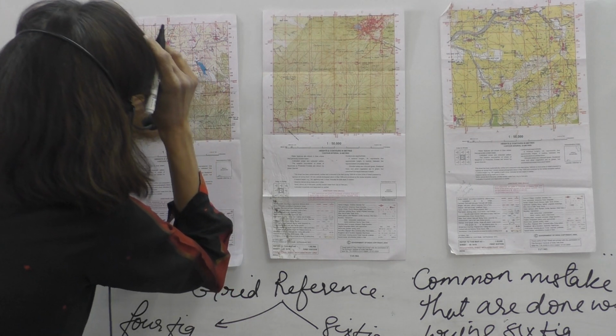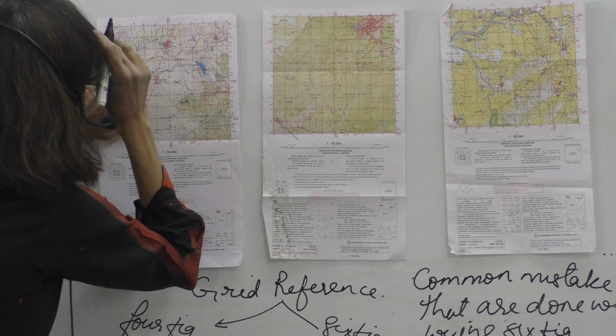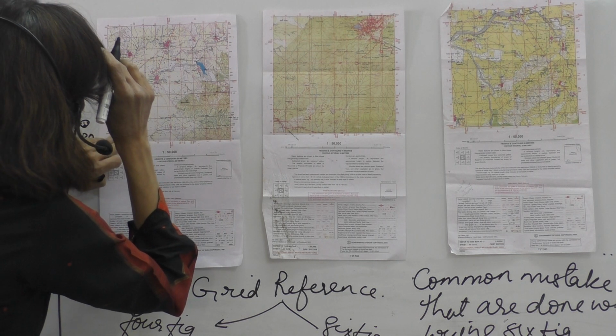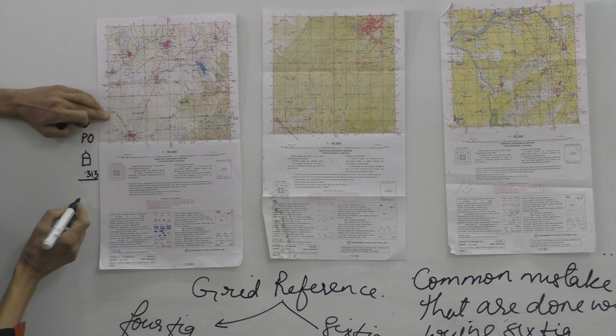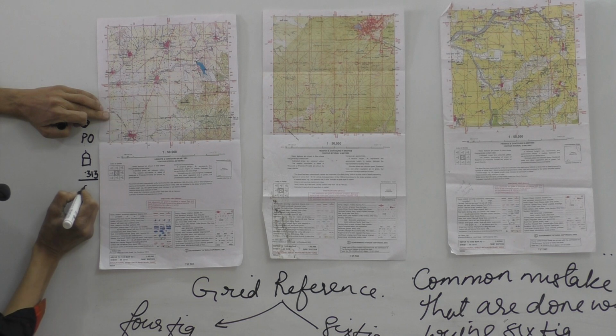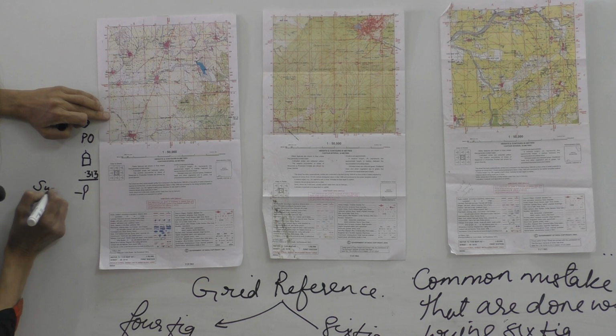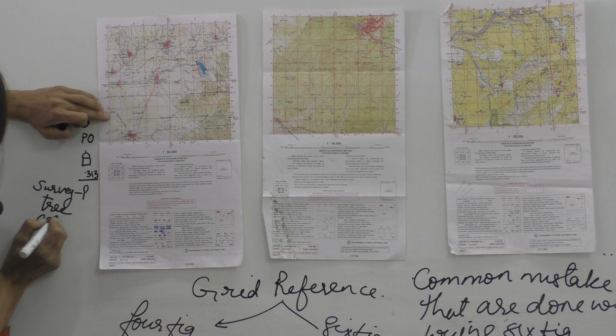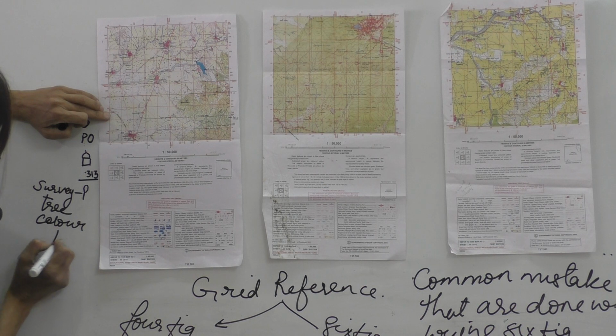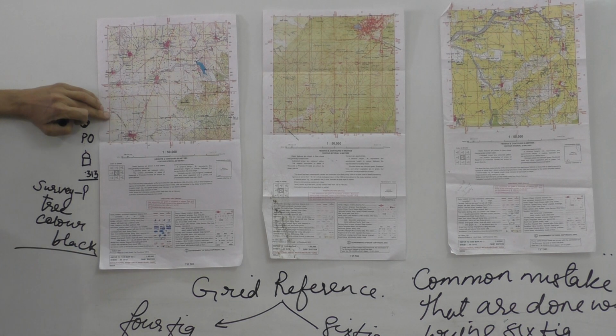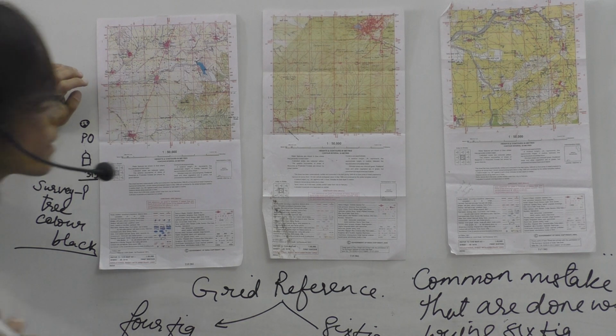Then let me locate a triangulated height. If it is a survey tree, it's marked like this. Color is black. Now this is again an object for 6 figure.